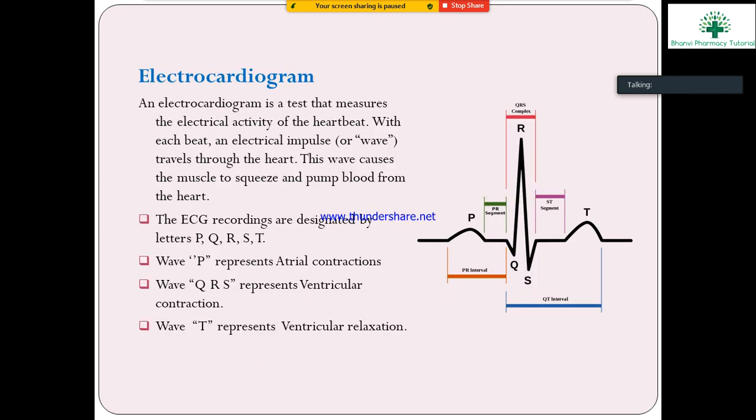Okay. Next is the electrocardiogram. What is an electrocardiogram? The electrocardiogram is the test that measures the electrical activity of the heartbeat. It is an instrument that measures the electrical activity of the heartbeat.